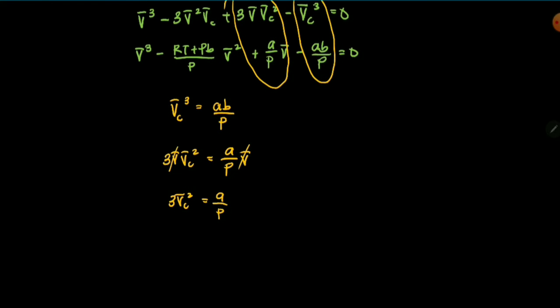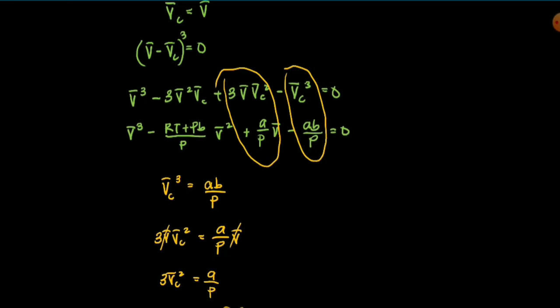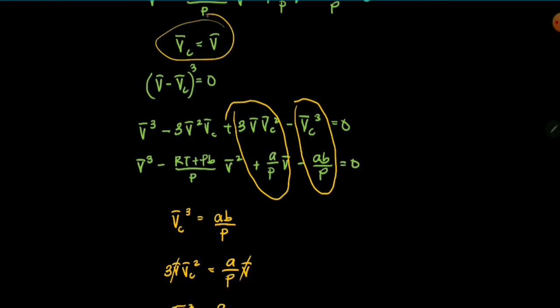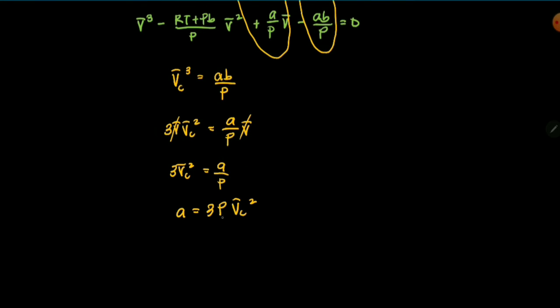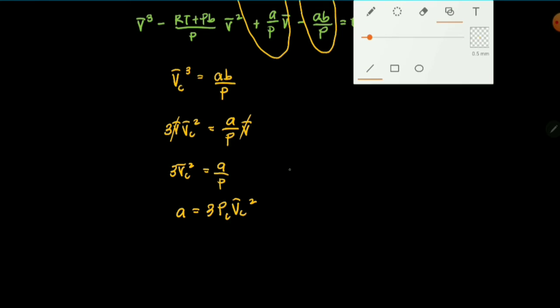We can rearrange this to get A is equal to 3PVC squared. Since we are talking about the critical region, this equation holds when your pressure is equal to PC and your temperature is equal to TC. Therefore, A is equal to 3PC VC squared.